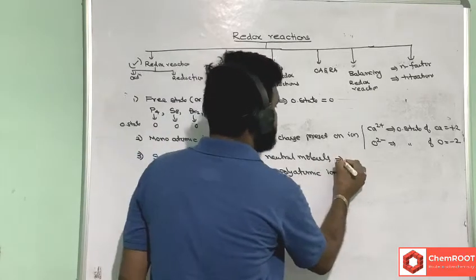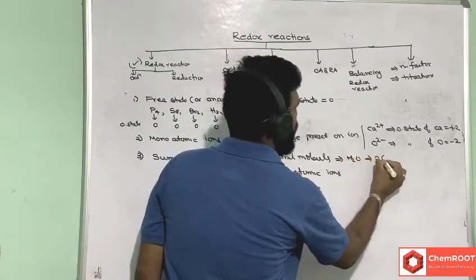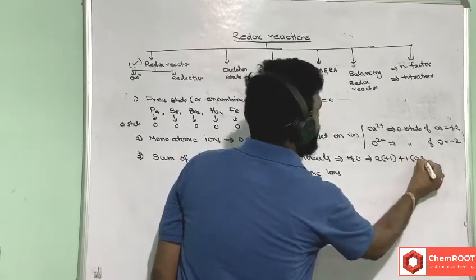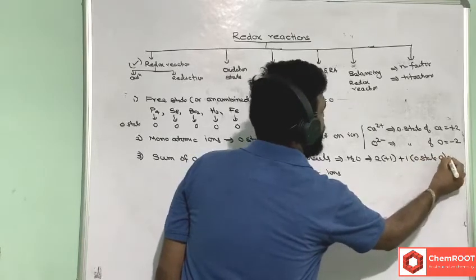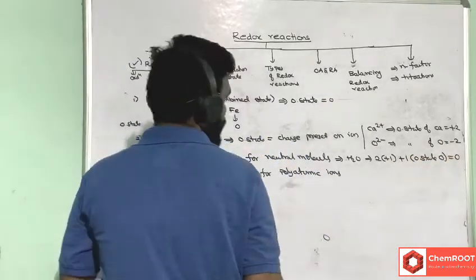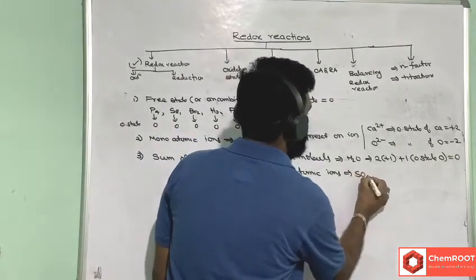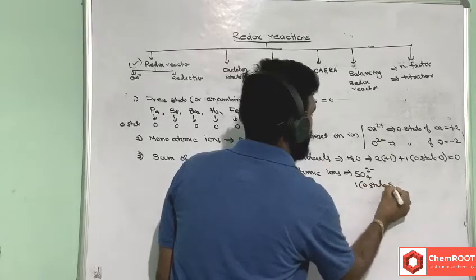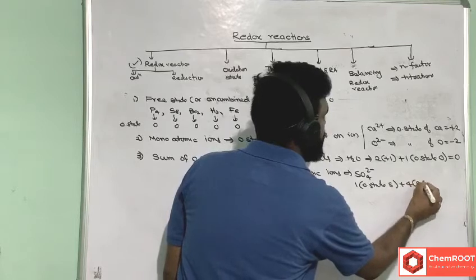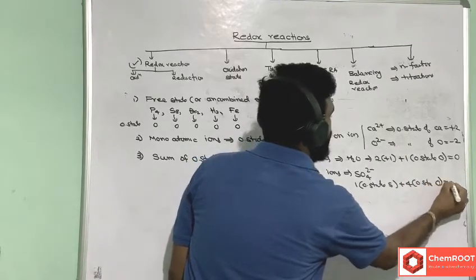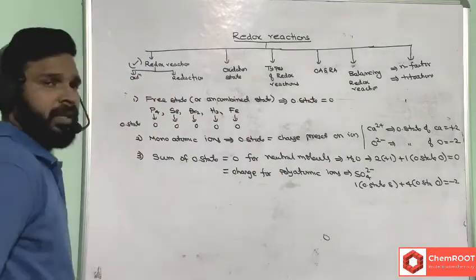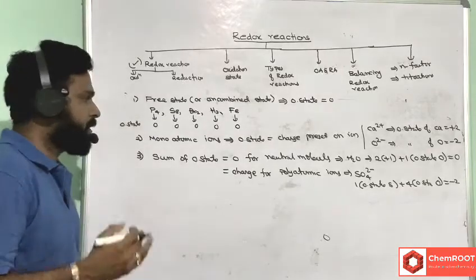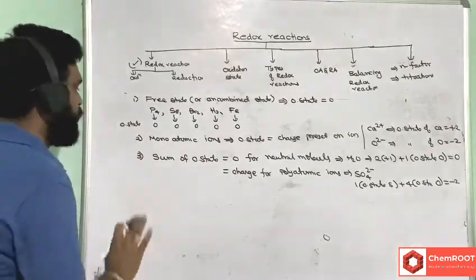If you take water, 2 times the oxidation state of hydrogen plus 1 times the oxidation state of oxygen equals 0. For the sulfate ion, 1 times the oxidation state of sulfur plus 4 times the oxidation state of oxygen equals -2. So the sum of oxidation states is 0 for neutral molecules, and equals the charge on the polyatomic ion for charged particles.